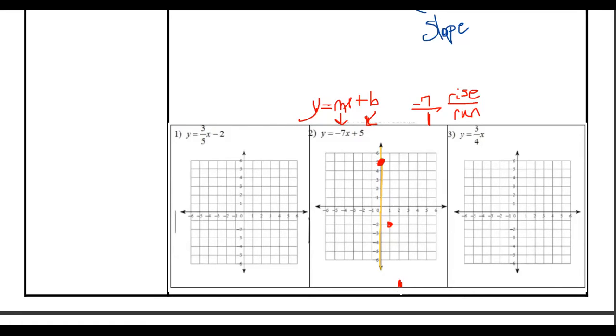And then you would connect the 3 points. So something like that, but make sure your line goes through all of your points. And that's how you use slope-intercept form to plot lines in the coordinate plane. Okay.